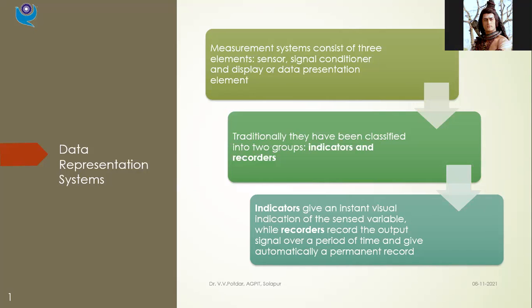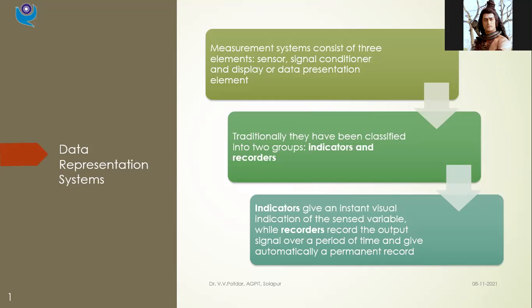Similarly, even on the CNC machine tools, the machinability data, the control action is automatically taking place by the CNC controller, but at the same time, on the screen if some data is to be represented. Maybe what is the cutting speed? If the operator wants to check what is the cutting speed, what is the spindle speed, what is the feed rate, right?